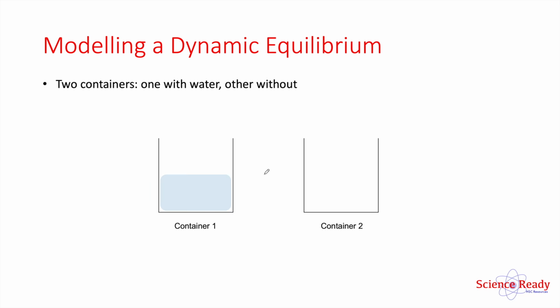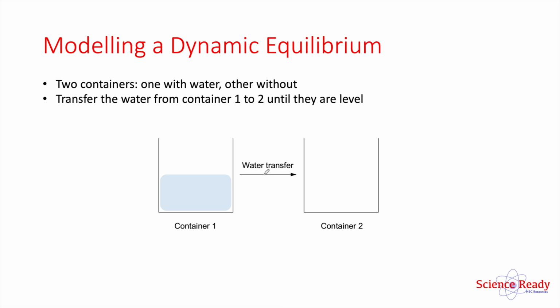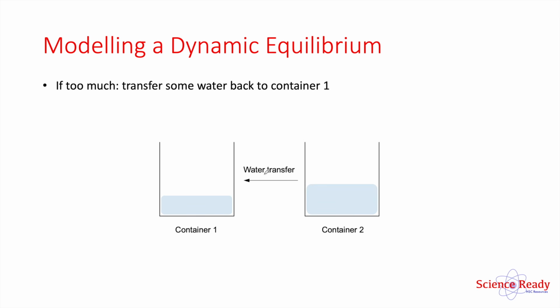Now suppose that I've got two containers, one with water and one without, as you can see. Now what I'm trying to do here is to transfer the water from container 1 to 2 until the water level become level. Now you must understand that this is a difficult process because if I'm not using any measuring cylinders, I can over-transfer the water, which causes the water in container 2 to become more than what I've got in container 1.